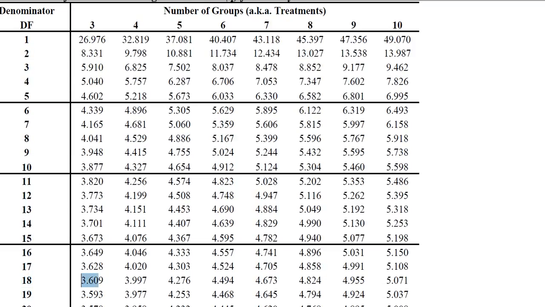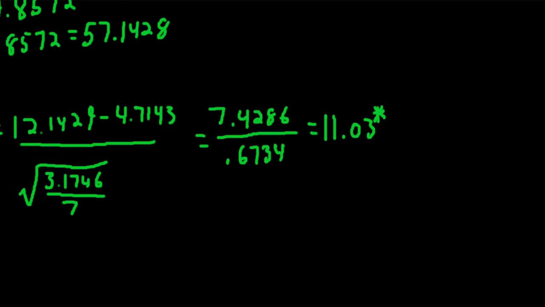So we need to get to 3.609 in order to reject the null hypothesis for each pairwise comparison. So our Q critical is 3.609. This is well above that.